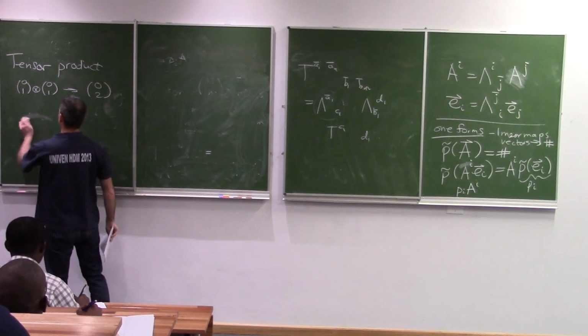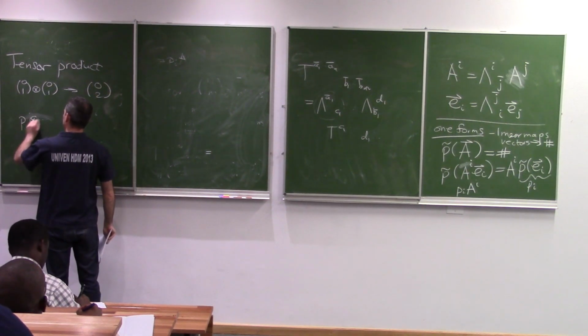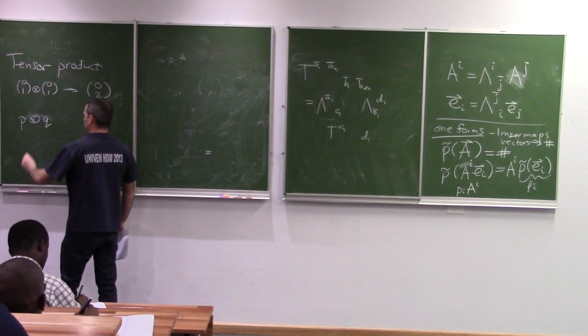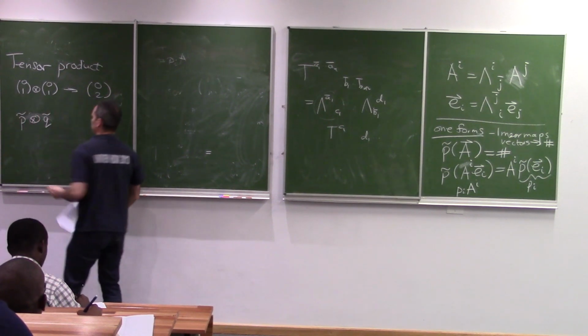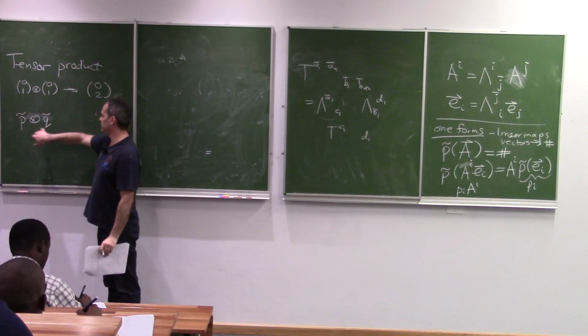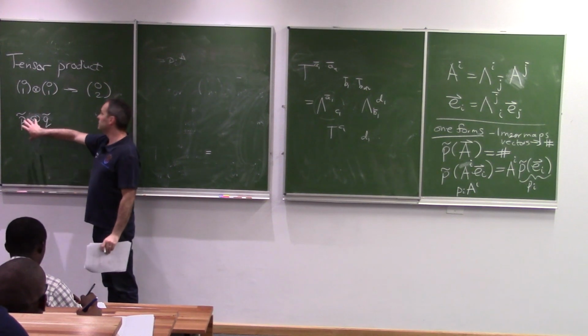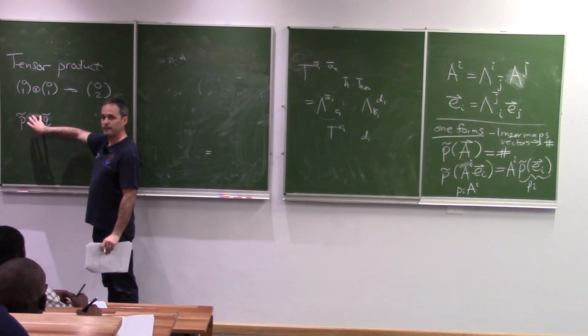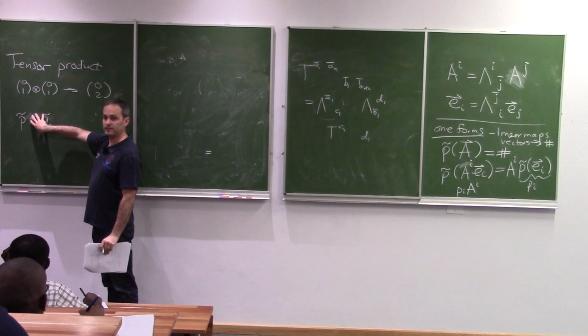So here I've taken the tensor product of two one forms. This is a 0-2 tensor, so I have to feed it two vectors.